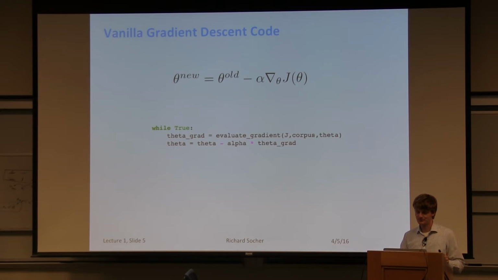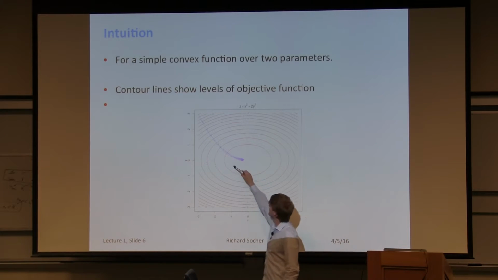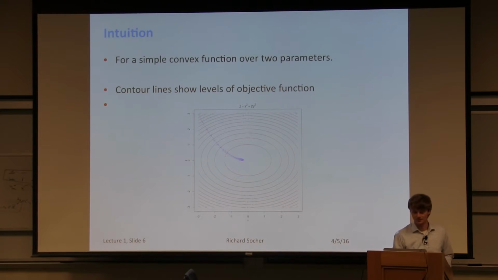And then we just update that. And if this was a simple function, then our updates would just look like this. Of course, in deep learning, we'll never have such a nice, beautiful convex function. So here you see the level sets, and you would see an update that gradient descent does at each time step, trying to get to a minimum.